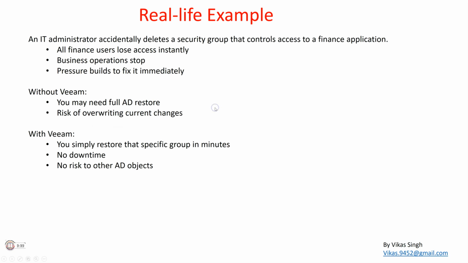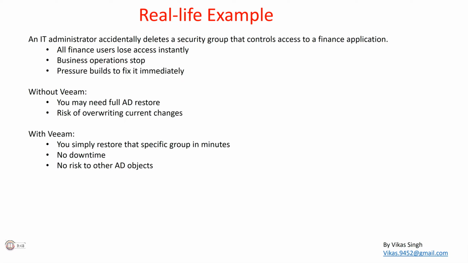Now let's take a real world example. Suppose an IT administrator accidentally deleted a security group that is used to provide access to a finance application. Immediately all finance users will lose access, business operation is stopped, and there is pressure to fix the issue quickly.